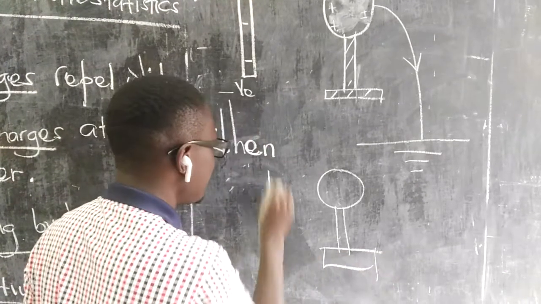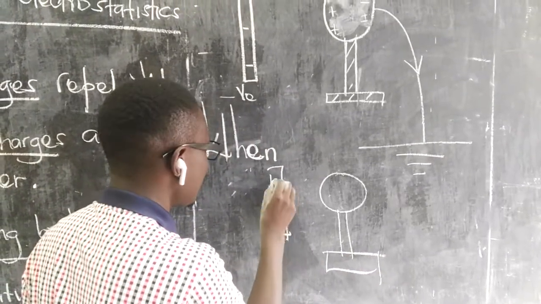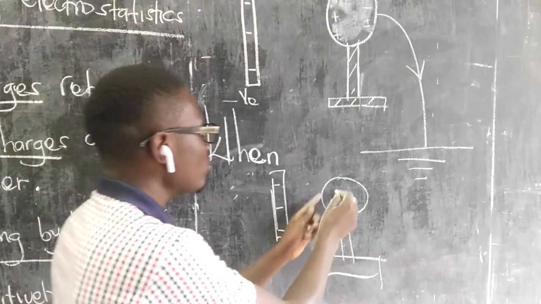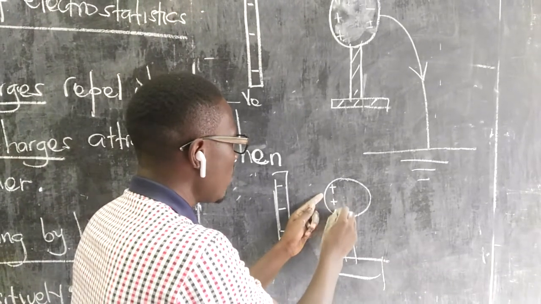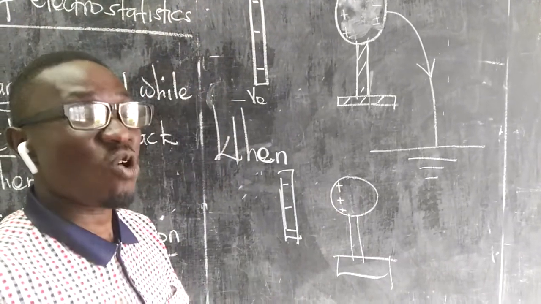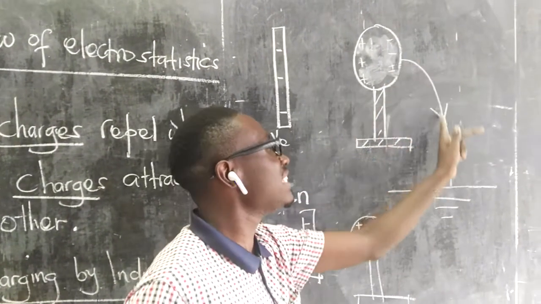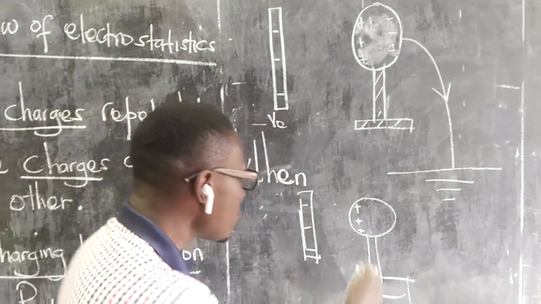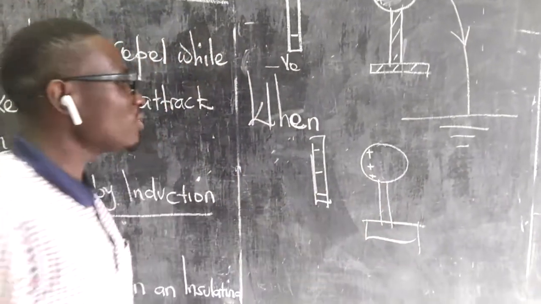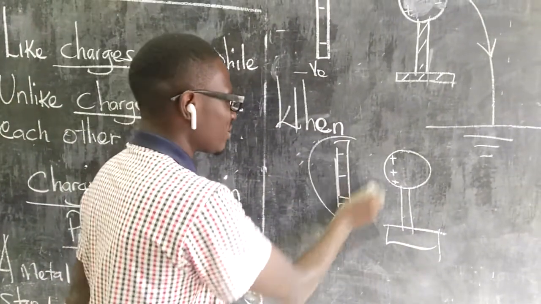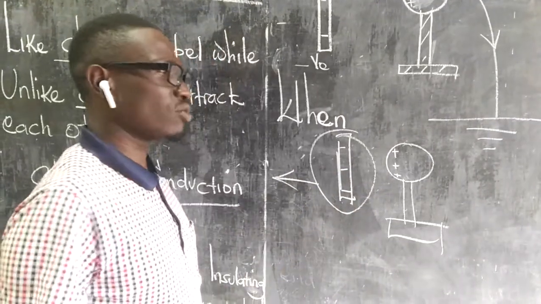a charged sphere. This is a negatively charged rod. Now you remain with a sphere with only positive charges. Why? Because the electrons have been taken to the ground. So you will remain with this now. Now what we do, we take away the rod. You remove the rod.